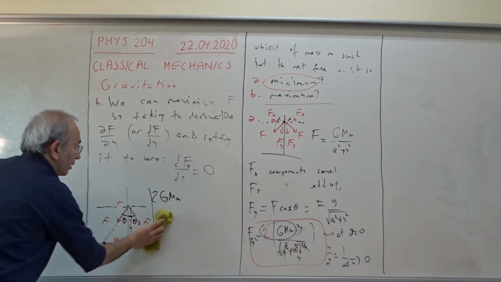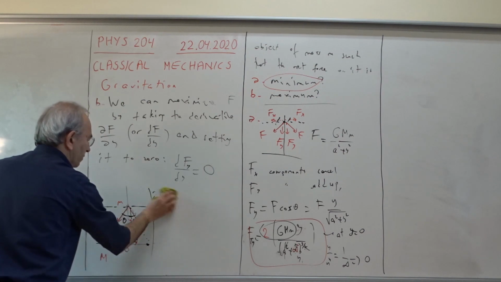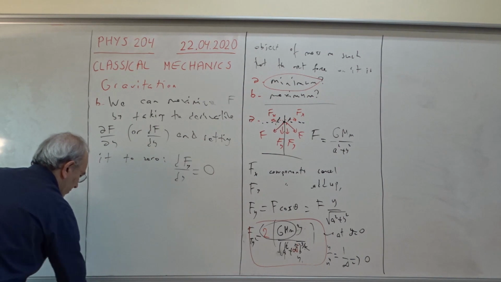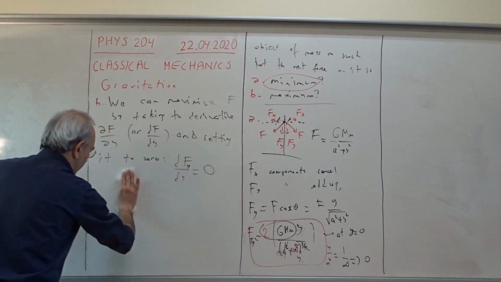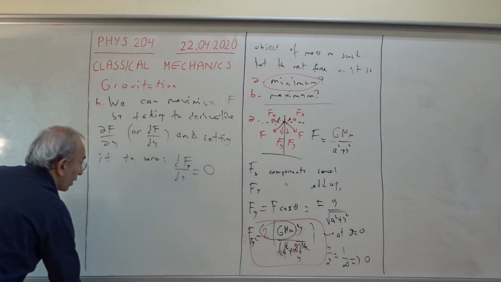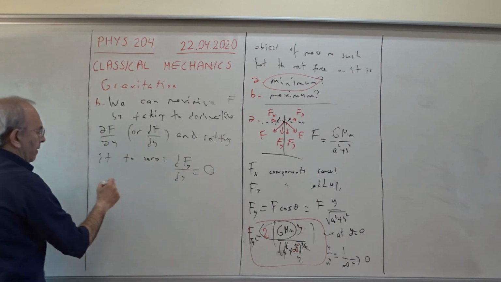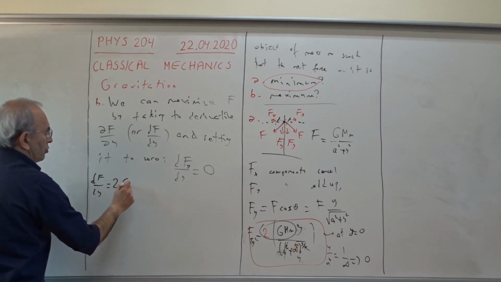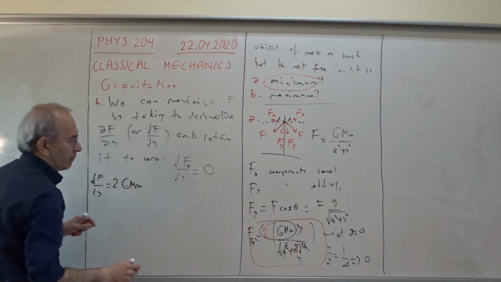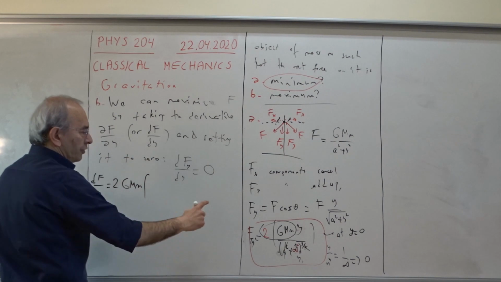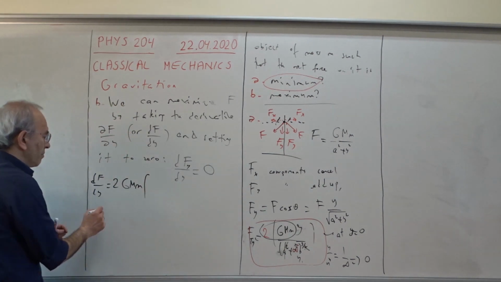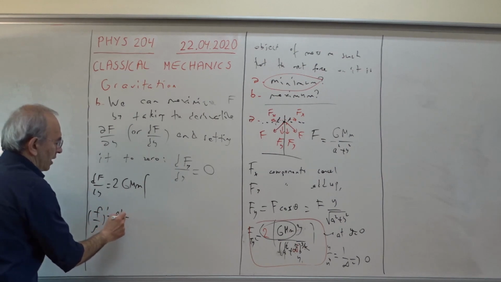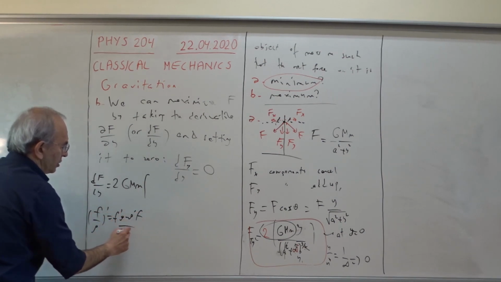Let me write it totally here. df by dy equals 2gmm multiplied by, since it's a ratio, remember that the derivative of f over g will be f prime g minus g prime f divided by g squared in general.